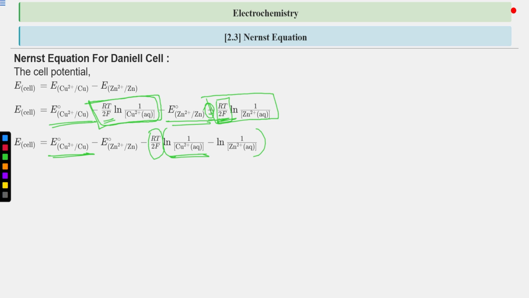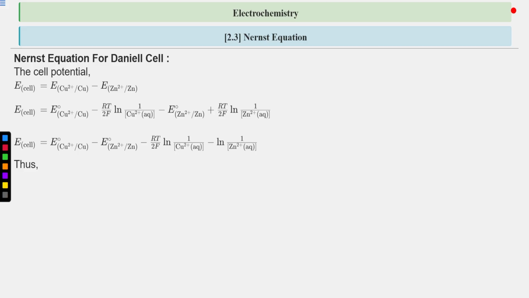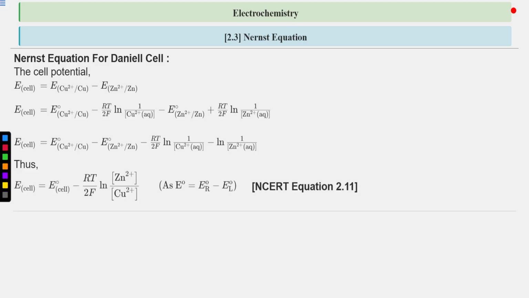Now we will simplify it more. So the cell potential E of cell will be equal to the standard cell potential, which is E naught of copper 2 plus to copper minus E naught of zinc 2 plus to zinc, or you can say E naught of cathode minus E naught of anode.